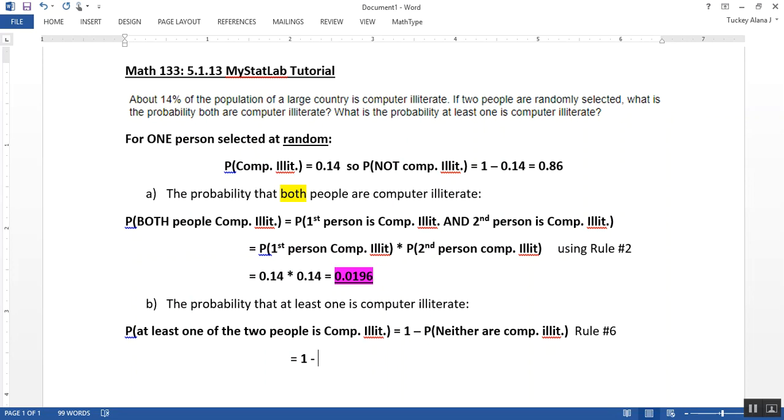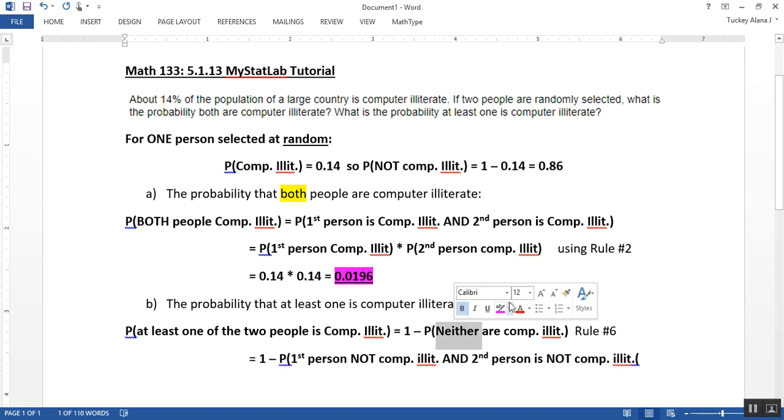All right, now I need the probability that the first person is not computer illiterate, and the second person is not computer illiterate. Okay, well, there's that and again, right? If you're going to get neither one of them is computer illiterate, that's the same thing as the first one's not computer illiterate and the second one's not computer illiterate, which means that you need to use the multiplication rule again.